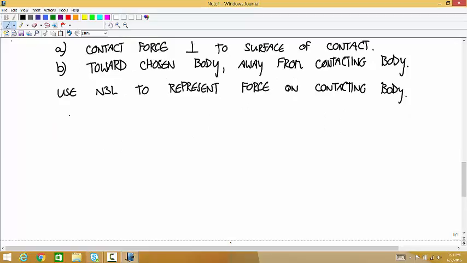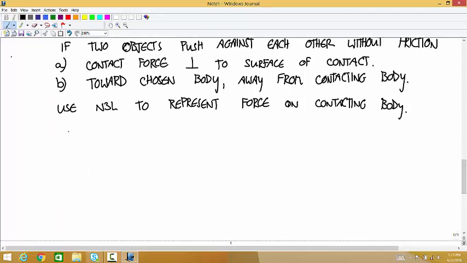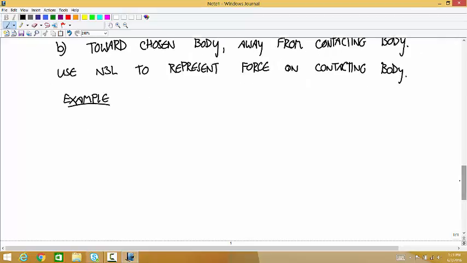Okay, so here's an example. We have this incline, and we have two carts making frictionless contact with the incline, and they're also touching each other.